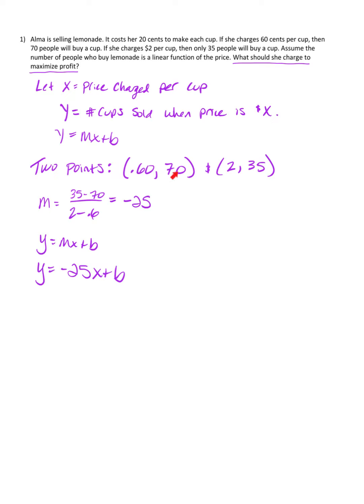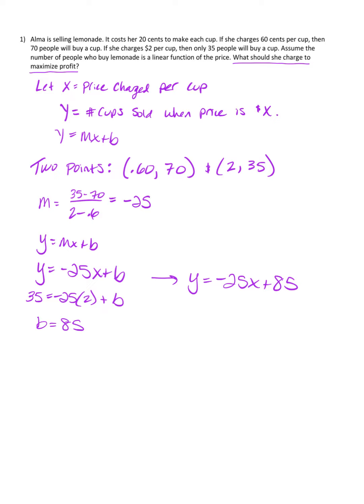You could also use this other point, and then we'll be able to solve for b. So y is 35, x is 2: 35 equals negative 25 times 2 plus b. We solve for b and we get 85. So the equation of my line is y equals negative 25x plus 85.